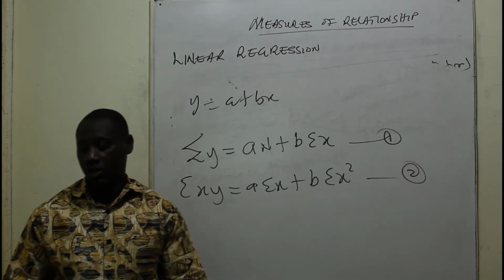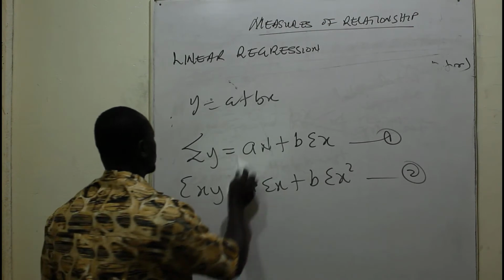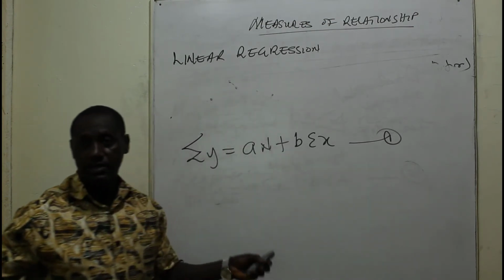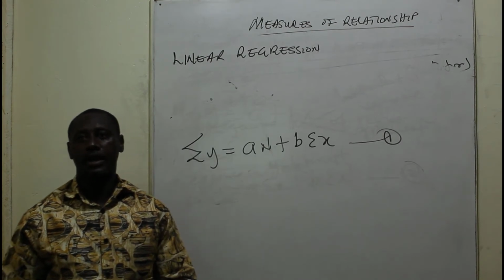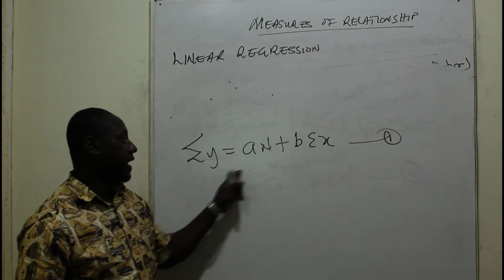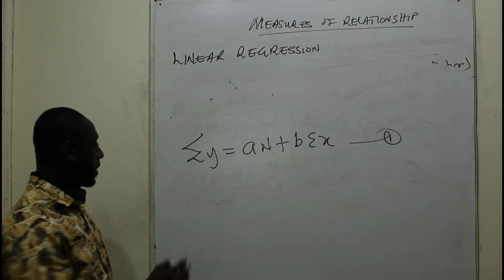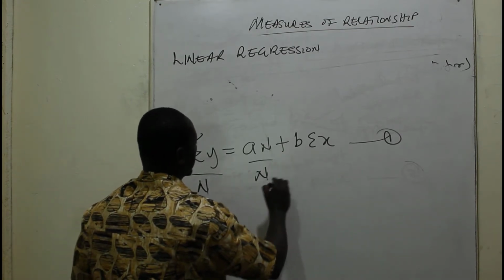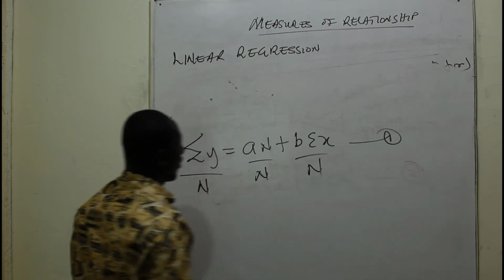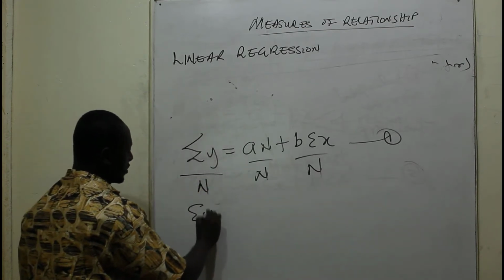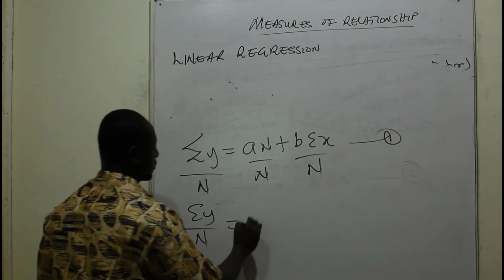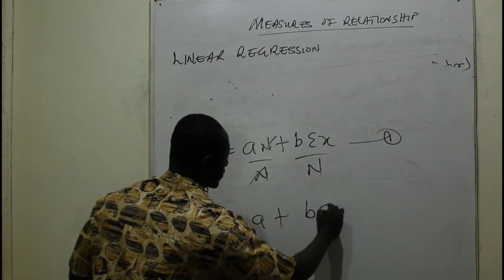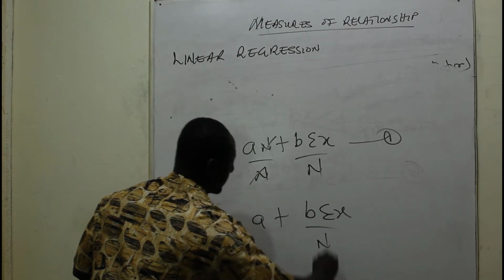From equation 1, we can divide through by n. Doing that, we have summation of y over n is equal to a plus b times summation of x over n.